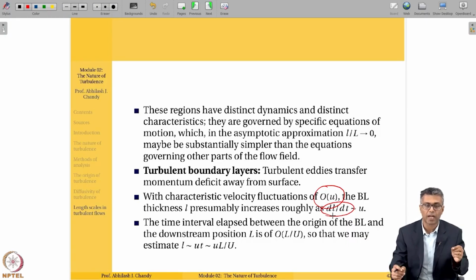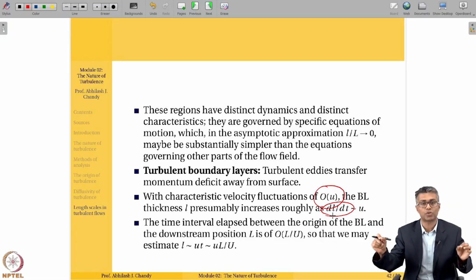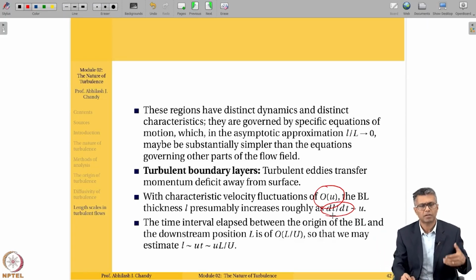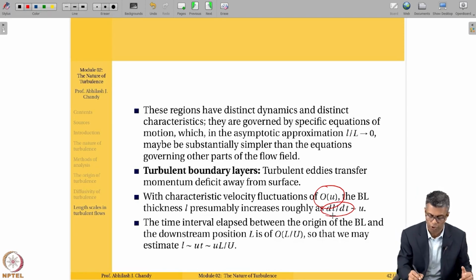Now, if you look at the flow time it takes for one particle to go from the leading edge of the boundary layer to a downstream position capital L, you would think that time scale is of the order of magnitude of L over u.